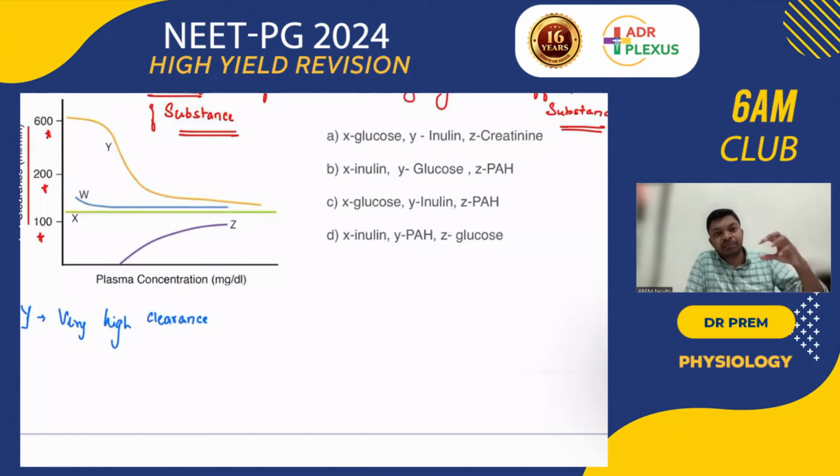Reason? The substance leaves the blood during glomerular filtration. The substance leaves the blood during tubular secretion. Since this substance is leaving the blood in a huge quantity, much of the blood is getting purified of the substance, and hence clearance of the substance is very, very high. People, I hope you could understand the essence and gist behind this clearance. All right. So substance Y has got a very high amount of clearance, which means there is going to be glomerular filtration.